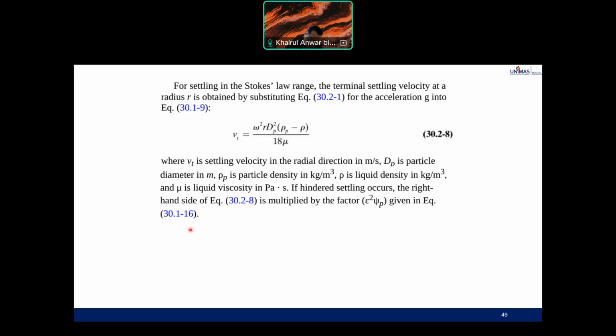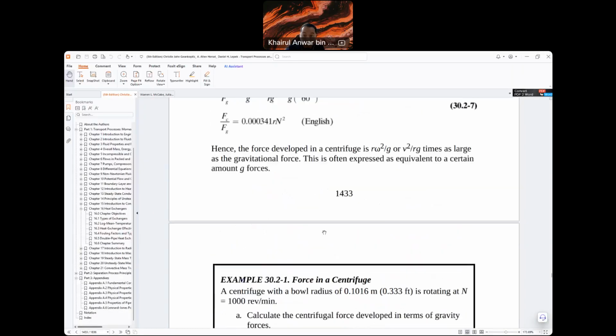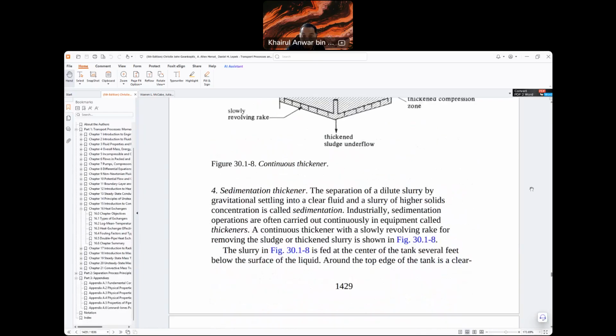Where the empirical correction factor symbols are on page 1417.